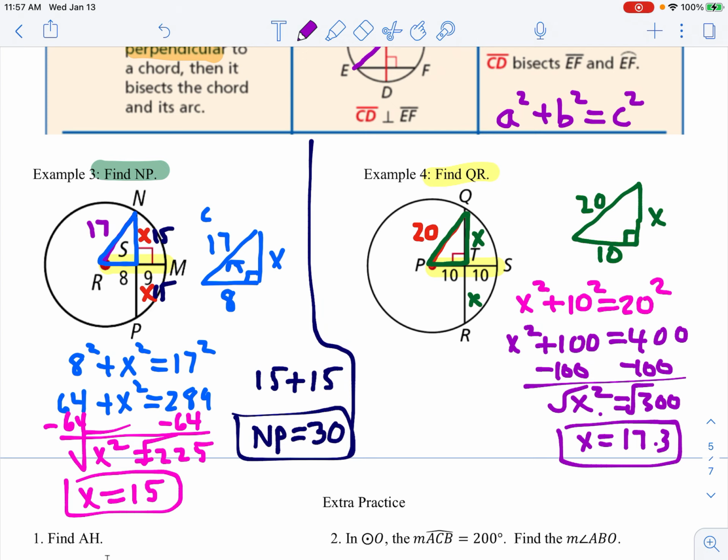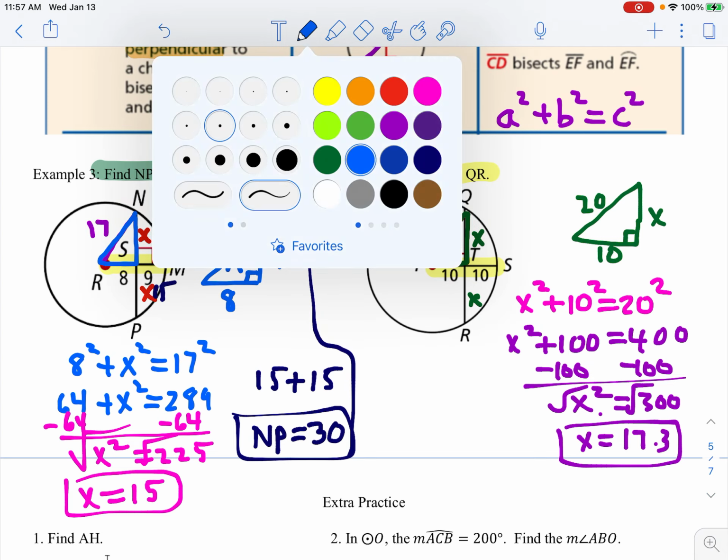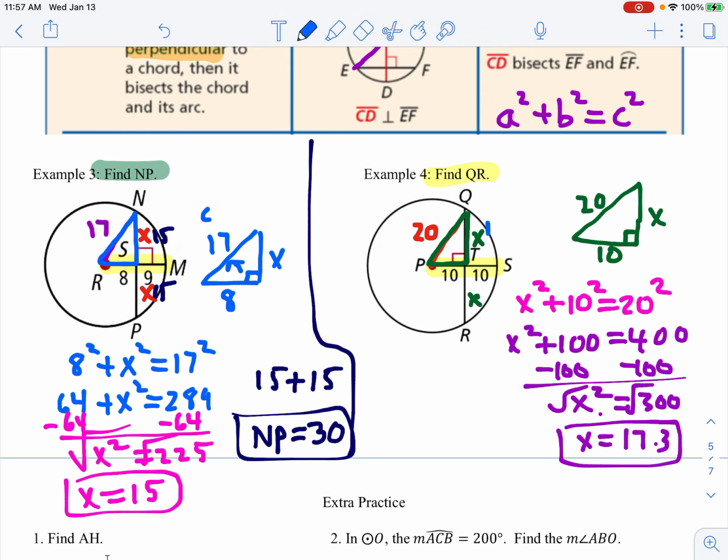Now remember, it still wants us to find the whole chord. So if this x was 17.3 and this x was 17.3, then I will go back and add 17.3 plus 17.3, and that'll tell me that QR is equal to 34.6.